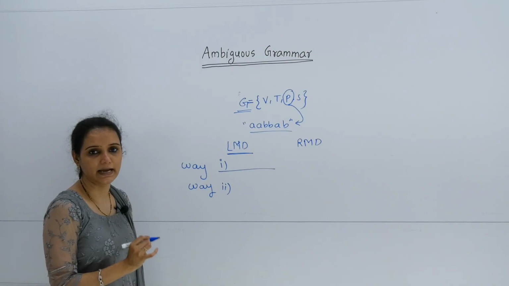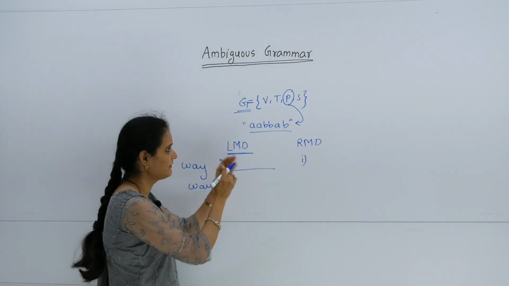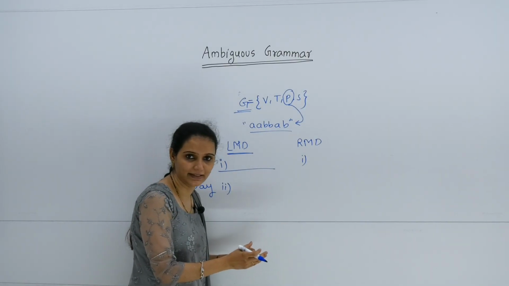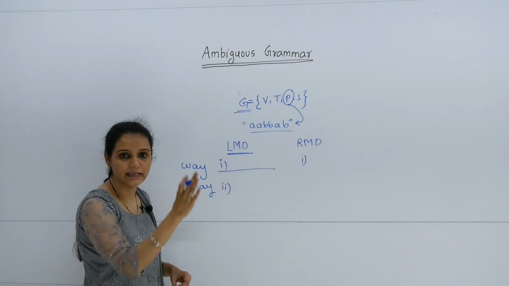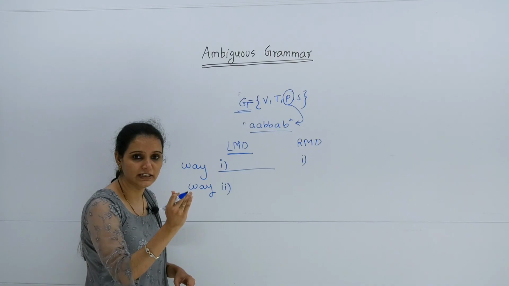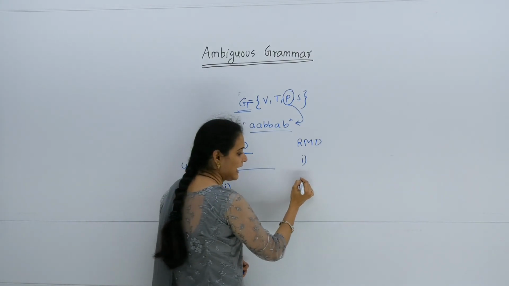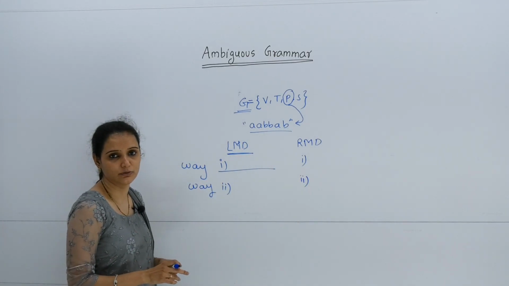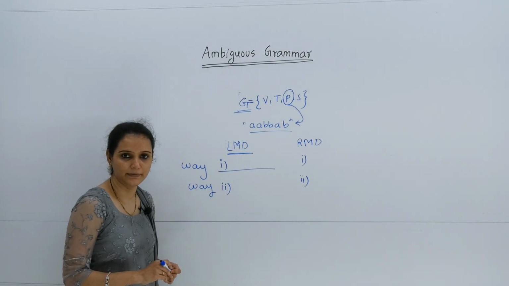Suppose I use the rightmost derivation, that is one way: I use the given production rules in one particular sequence and derive the string. Then with the same production rules, only changing the sequence, another way is also present to derive that string. Then that grammar is called an ambiguous grammar.